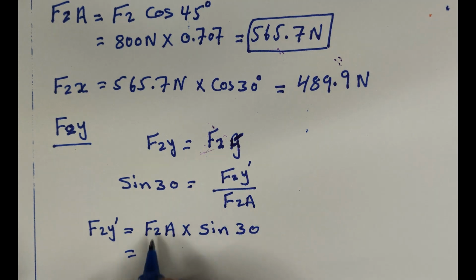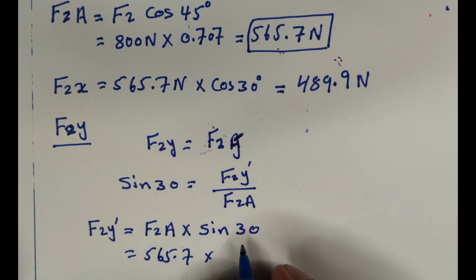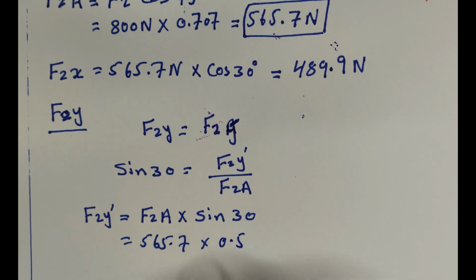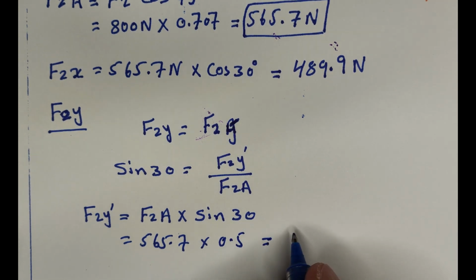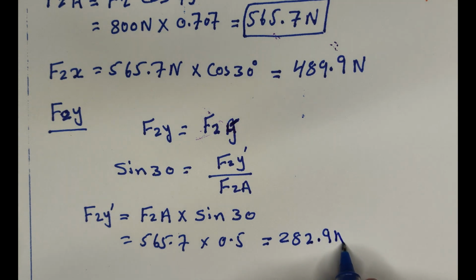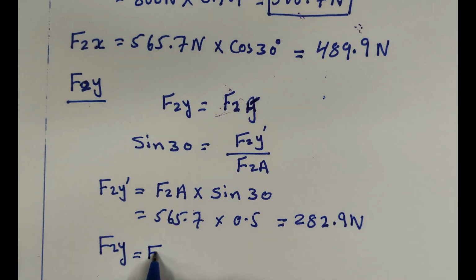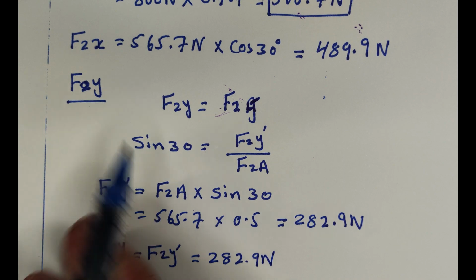F2a we already found to be 565.7 Newton times sine 30, that's 0.5, and that should equal 282.9 Newton. F2y equals F2y dash equals 282.9 Newton. We found the second component of the force.